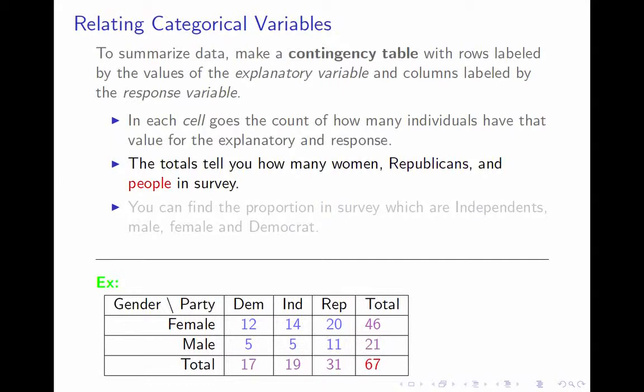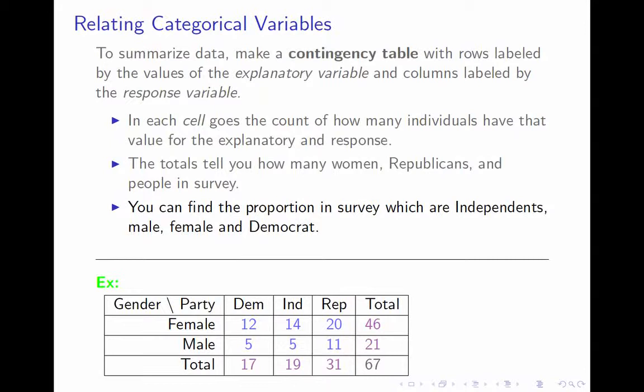And now, just like in one variable, where we found that proportions were the most useful statistic to summarize what was going on, here we're going to look at proportions, but it's a little more complicated. We can certainly talk about individual proportions.